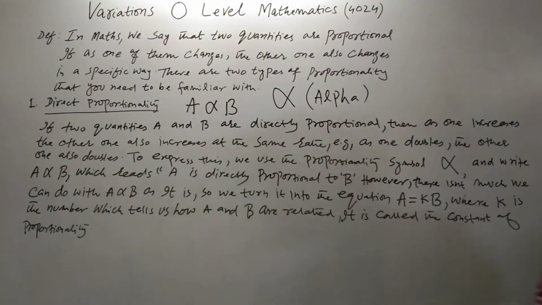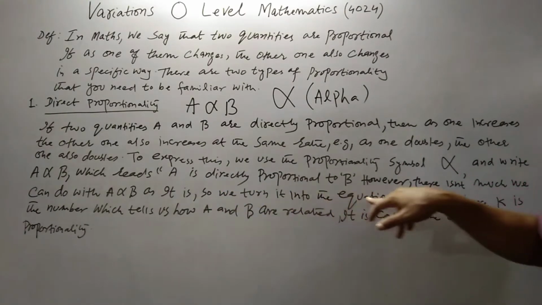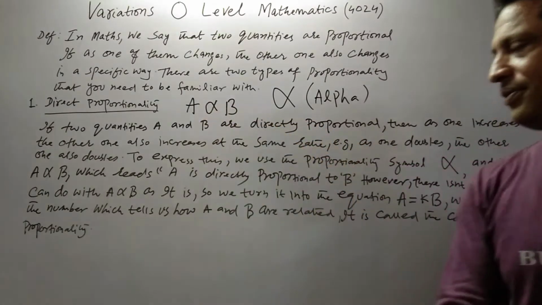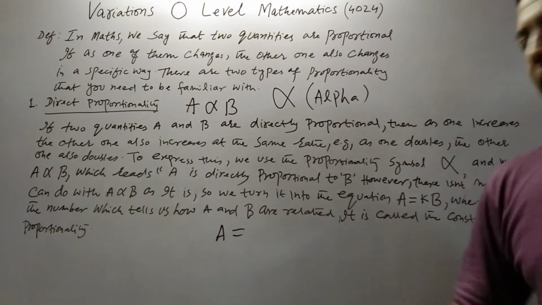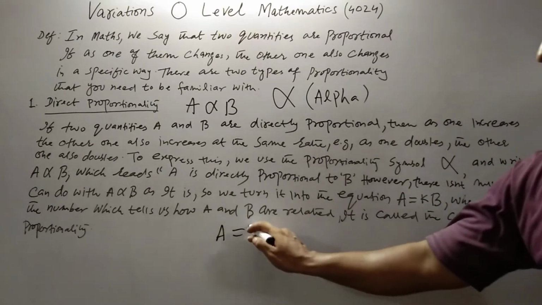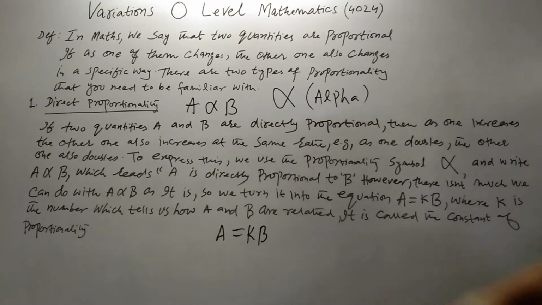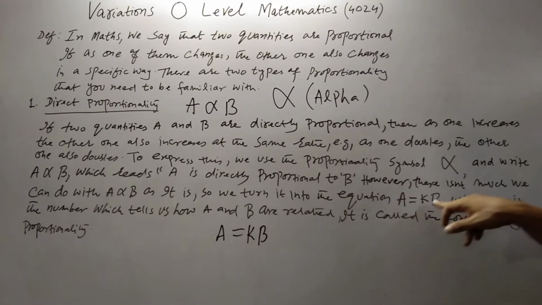So what do we have to do? We turn it into an equation. We have to drop this sign alpha, put an equals sign and put some constant k. So we turn it into the equation A equals kB.